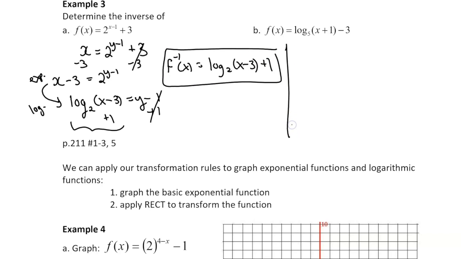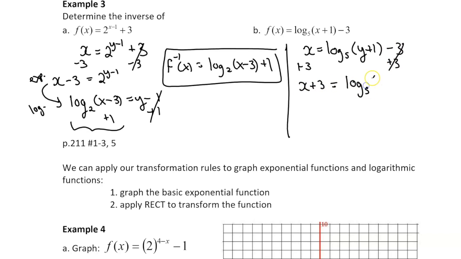For our next example, if we want to find the inverse of this, step number 1, switch x and y. And then we could add 3 onto the other side. x plus 3 is equal to log base 5 of y plus 1.